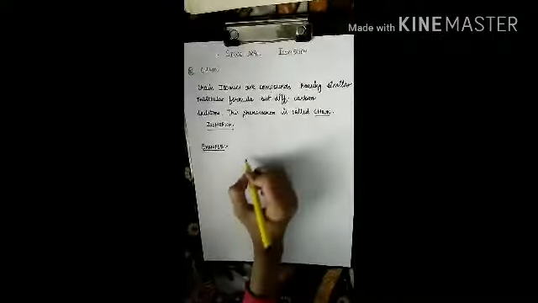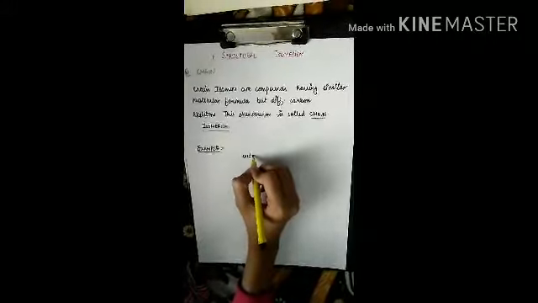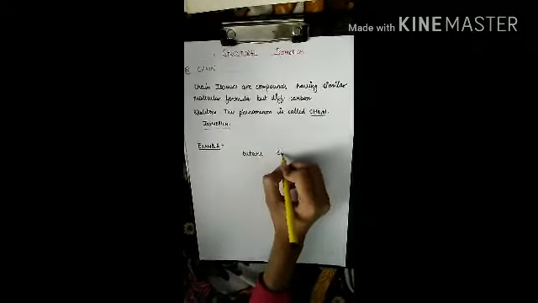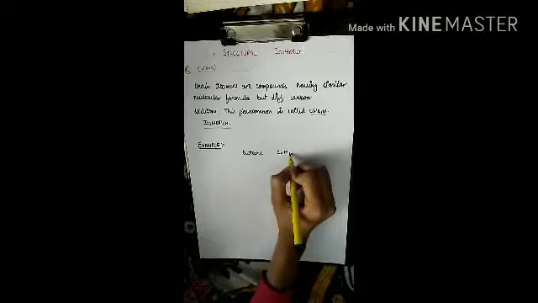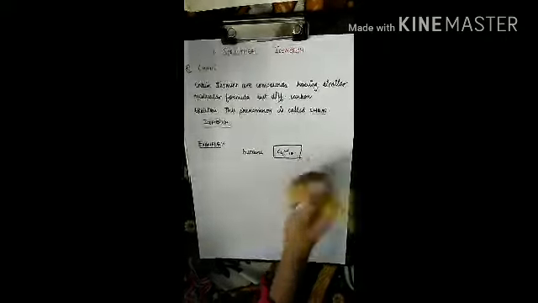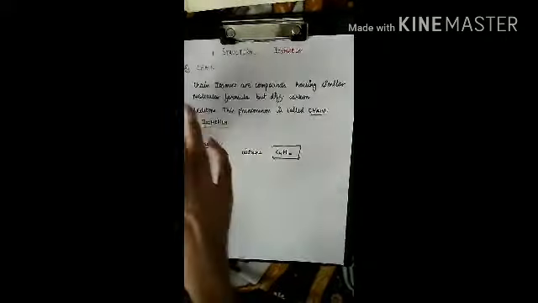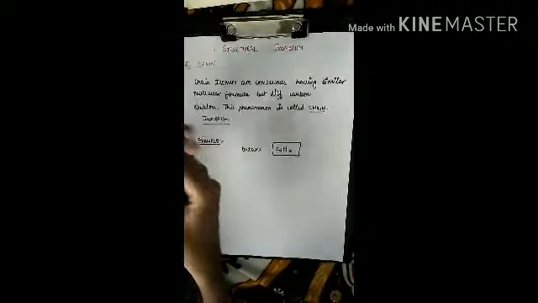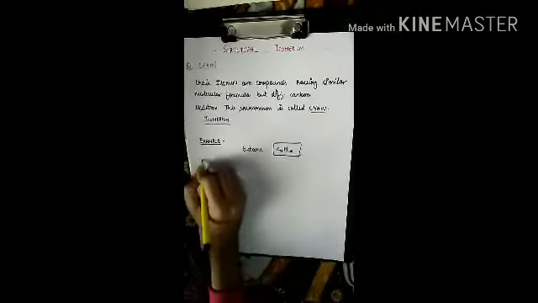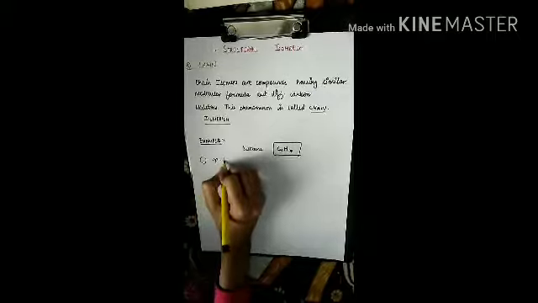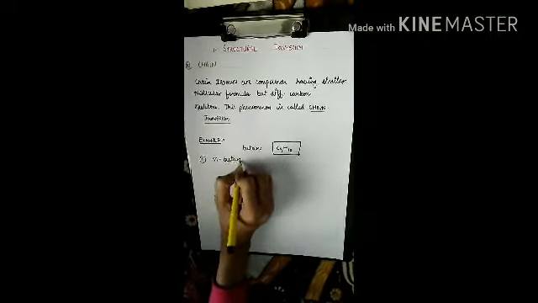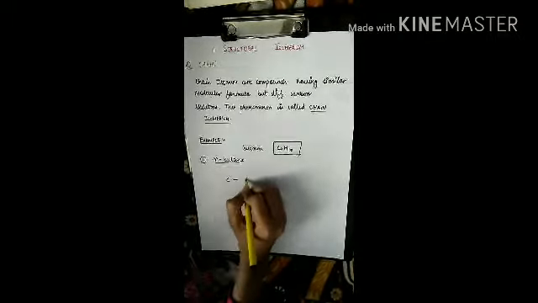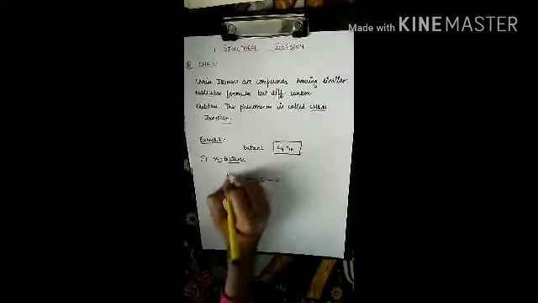So let's take an example of butane which has 4 carbon atoms and 10 hydrogen atoms. If I try to draw the structures of butane, we can have two structures. The first one is n-butane, which is a straight chain structure in which all the carbons are arranged in a straight chain.